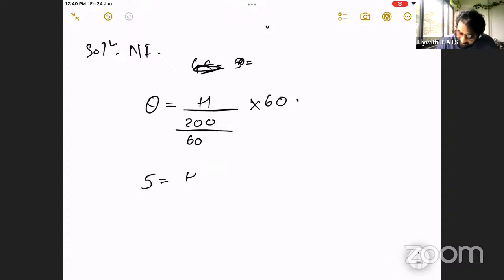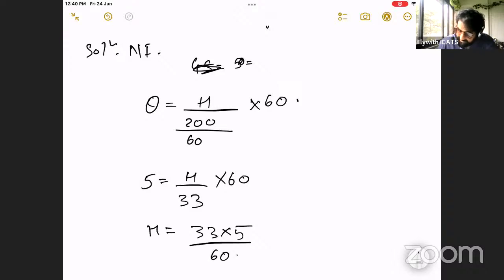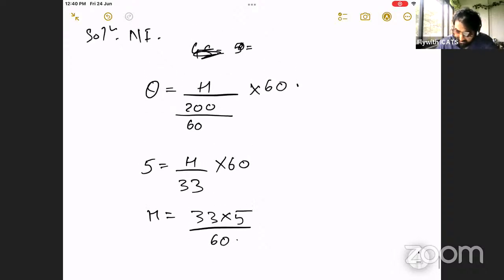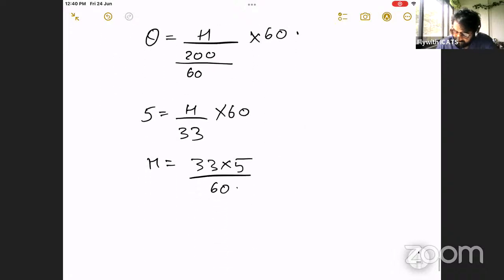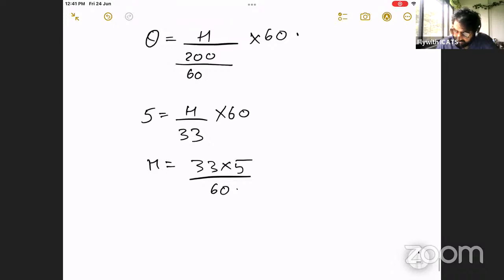So phi is equal to h upon 33 into 60. Therefore, h is equal to 33 into phi upon 60. Something is not right. 33 nautical miles per minute, right? So that nautical mile we have to convert into feet also, into 6,000.